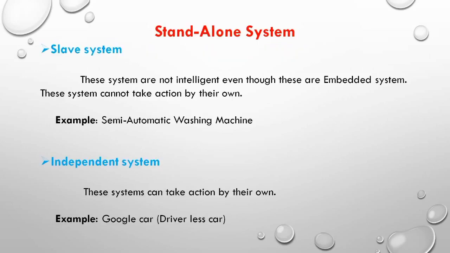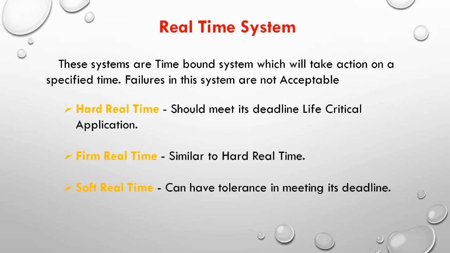Under standalone, we have two major types: slave system and independent system. Slave systems are not intelligent even though they are embedded systems. As the name suggests, the system cannot take action on its own. Example: semi-automatic washing machine. An independent system can take action on its own. The major difference is the action only. Example: Google car, where the driver will not be alone.